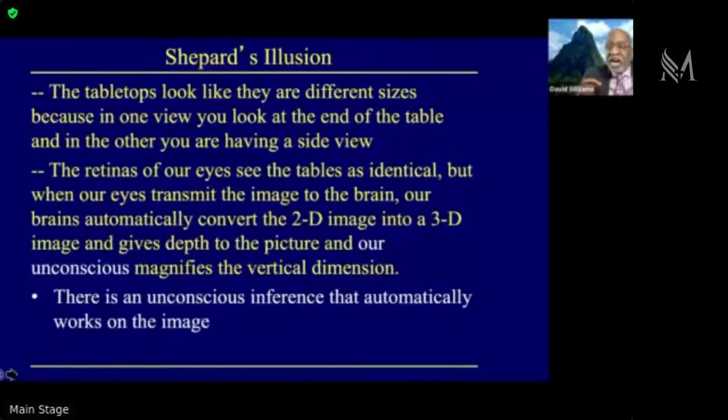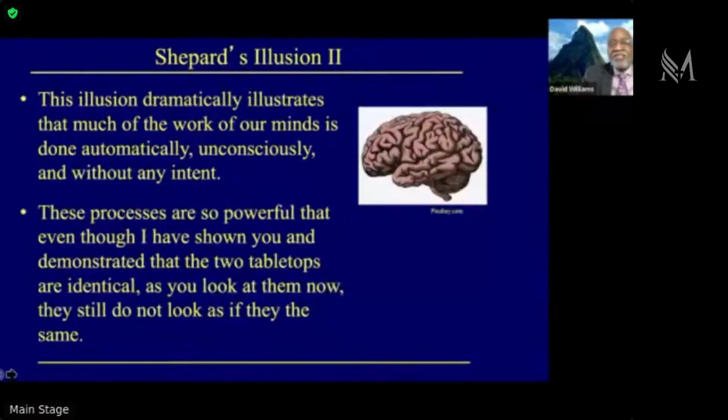And our unconscious magnifies the vertical dimension. Importantly, there is an unconscious inference that automatically works on this image. And this illusion dramatically illustrates that much of the work of our minds is done automatically, unconsciously, without any intent.